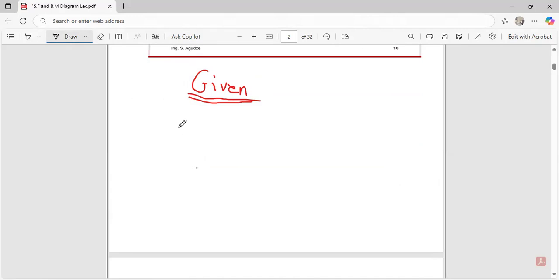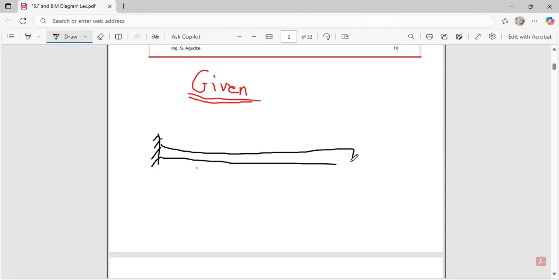So after writing your given, you just have to repeat the problem. So we had a cantilever beam, something like this. It has one load at the free end.